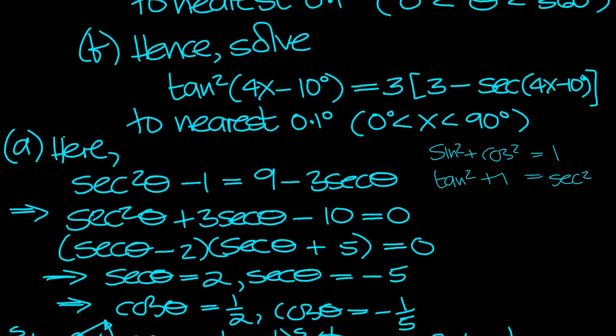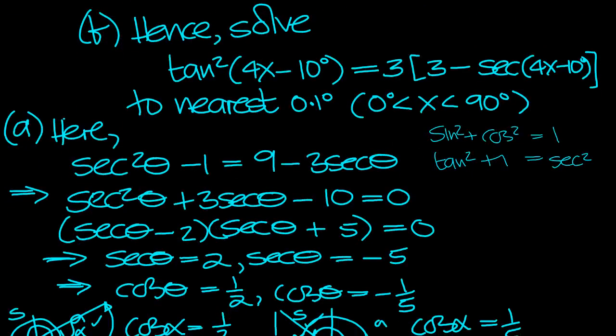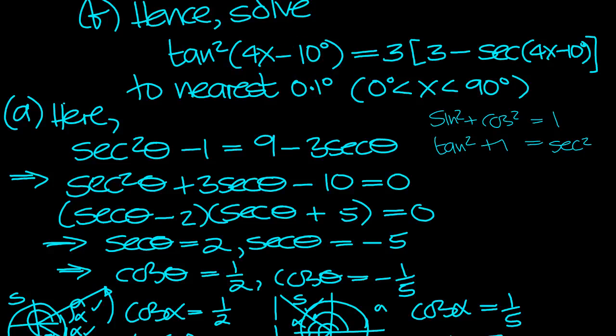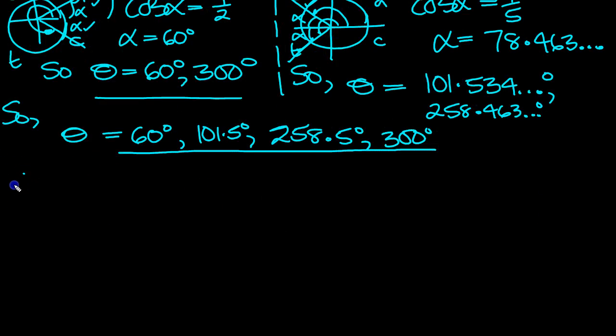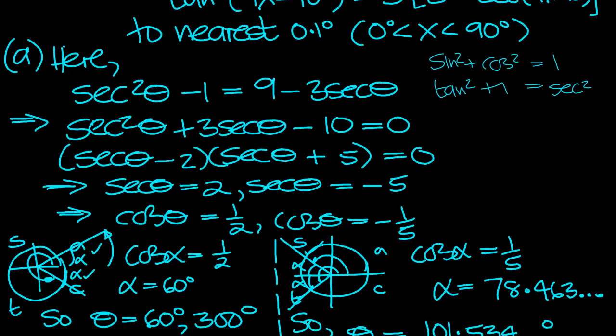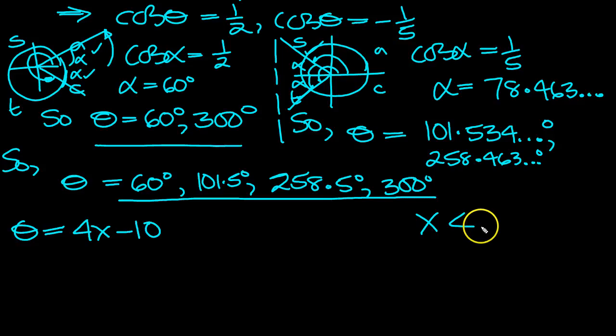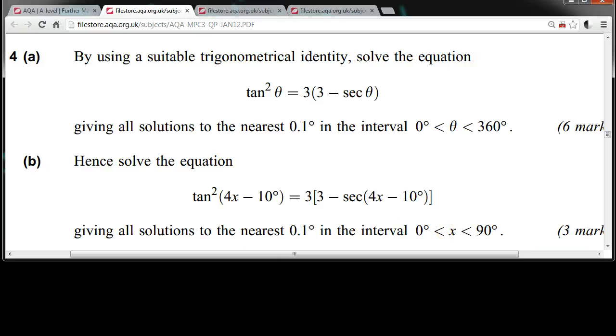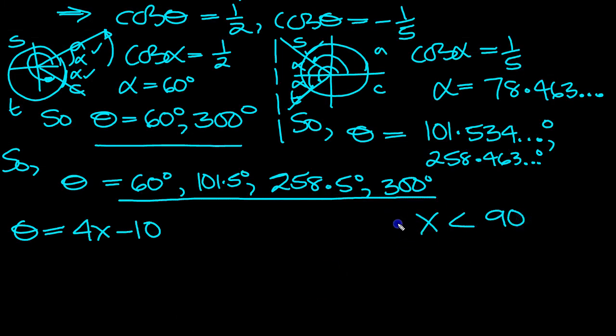Now part B. So we've solved that equation, hence solve this to nearest 0.1 again between x is 0 to 90. So theta is equal to 4x minus 10. Here, theta is equal to 4x minus 10. The x goes between, so it says 0 to 90, which I'm a bit worried about. So I'm just going to check the paper once more. Yeah, that's fine. So 90, 0, so 4x will be 0 and 360.